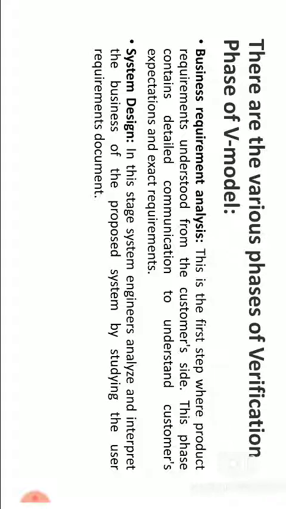System design means that in this stage, system engineers analyze and interpret the business of the proposed system by studying the user requirement documents. Suppose the customer is studying different websites, their look and feel.